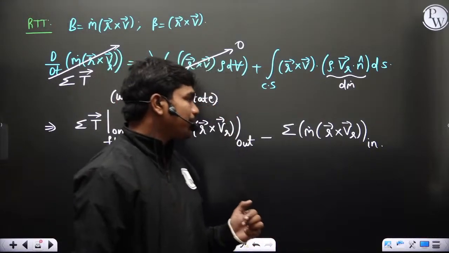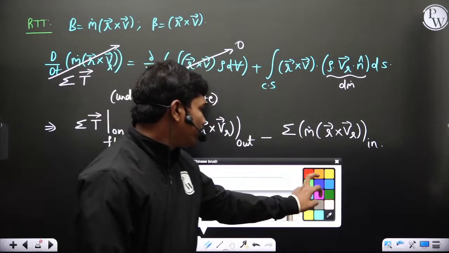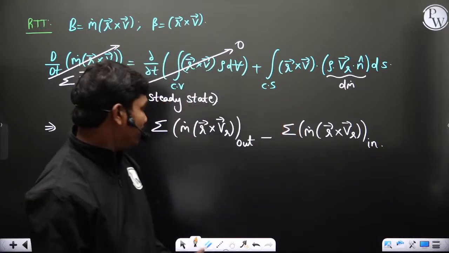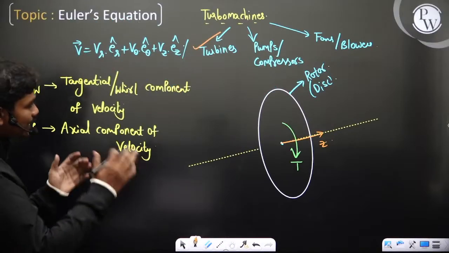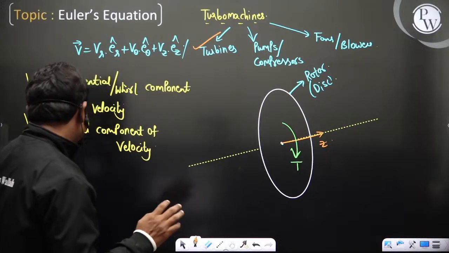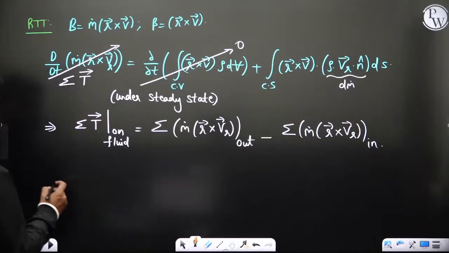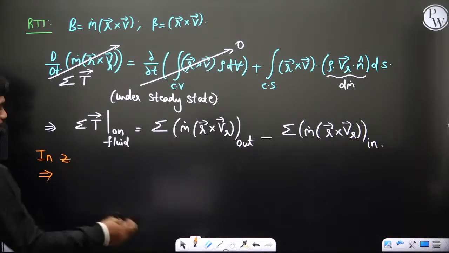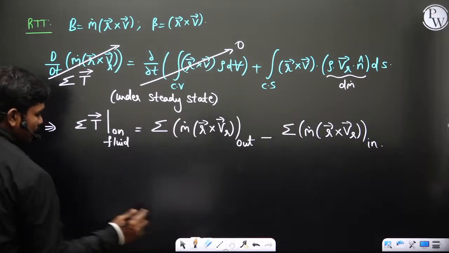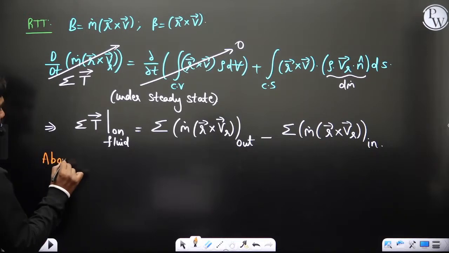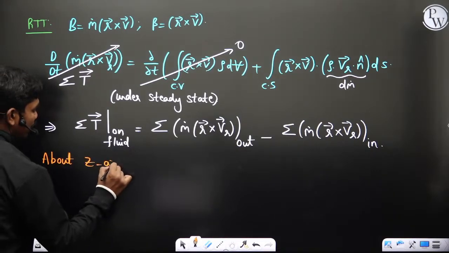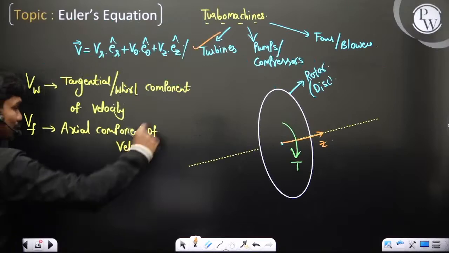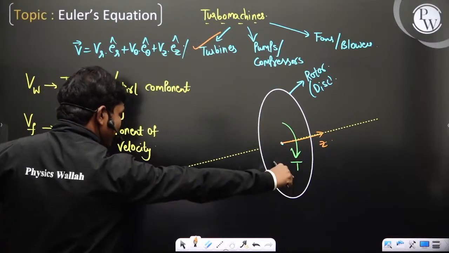So is this clear? Now let's understand one thing. If you have this particular expression, then this is the net torque acting on the fluid. In case of turbines, let's say this is the net torque acting on the fluid in the z direction, about the z axis, because the rotation will happen only because of the torque acting about the z axis.